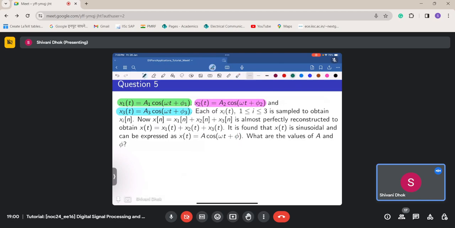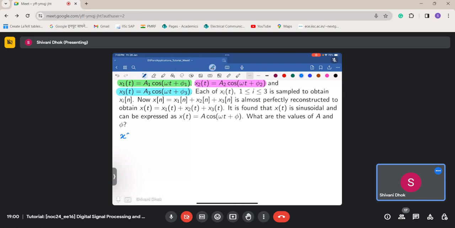So let us find it out. We have xt equal to x1t plus x2t plus x3t.